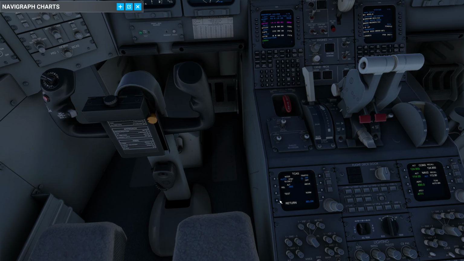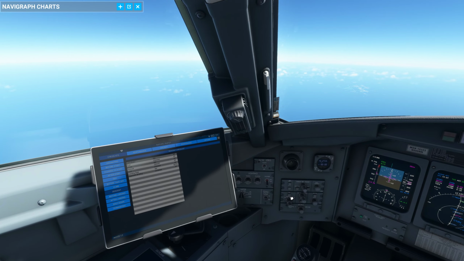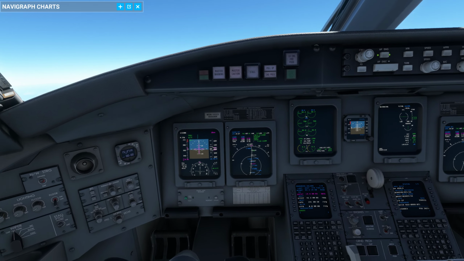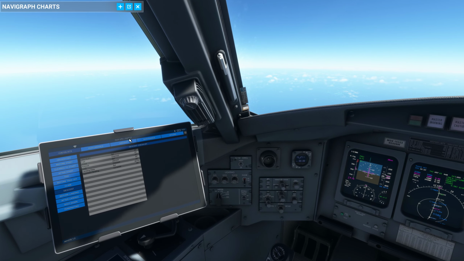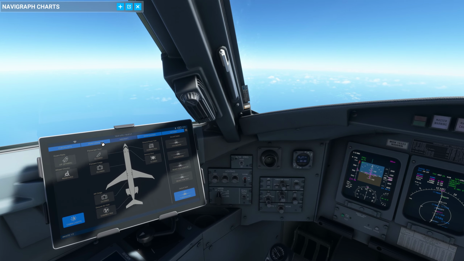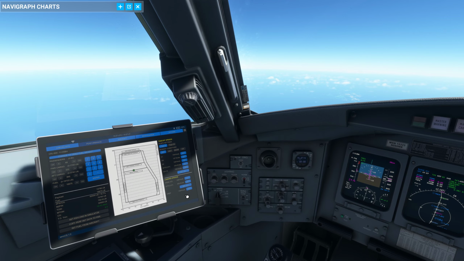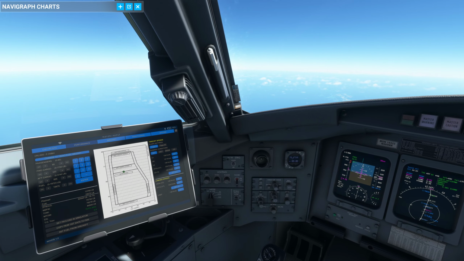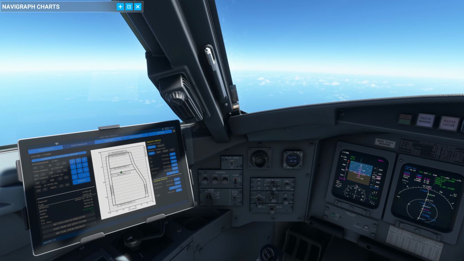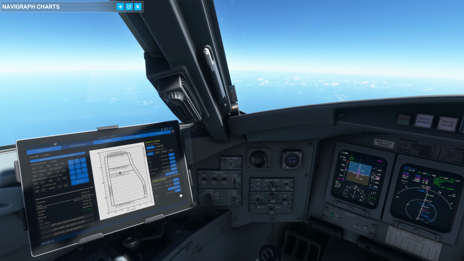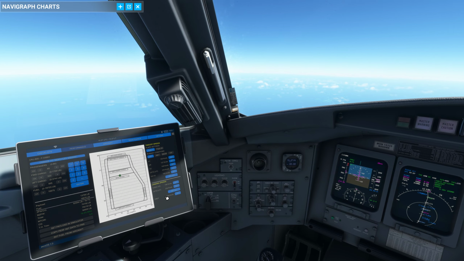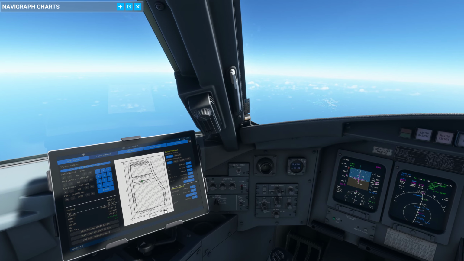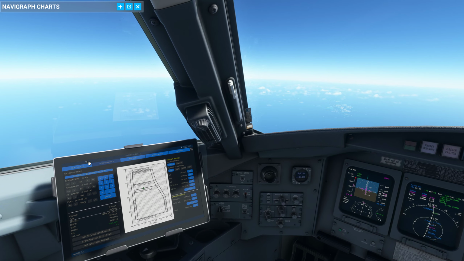That's what we want for the descent. Radars, check. CAS is clear. Landing data, performance tab here. That might come down another knot or two. We'll leave that for right now.